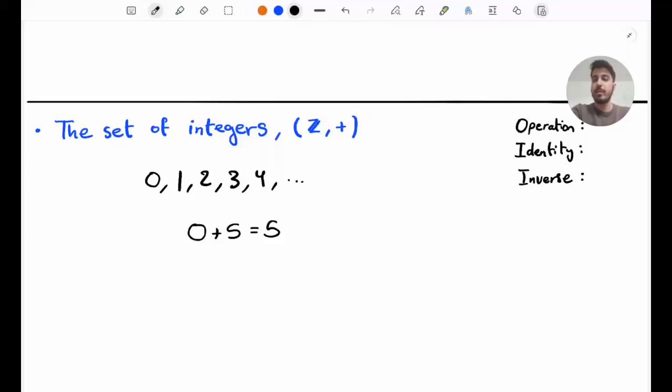And the inverses of each of the numbers, for example, the inverse of the number 1 is -1. And why is that? Because if you add -1 to 1, you obtain the identity element. If you add -2 to 2, you obtain the identity element. So by definition, these are the inverses.